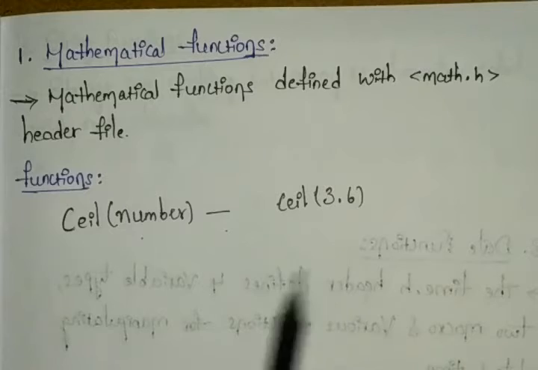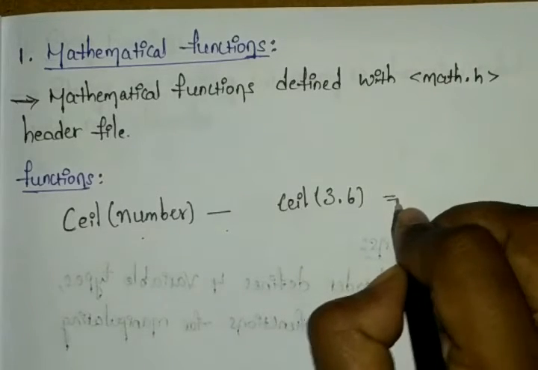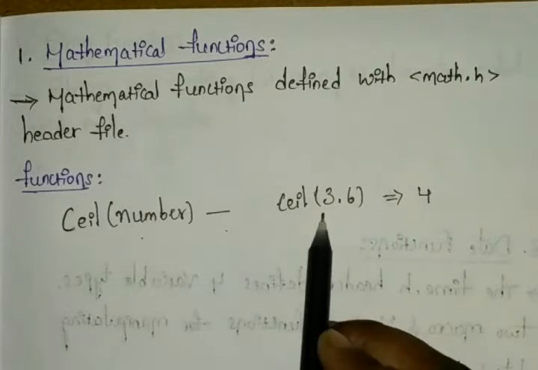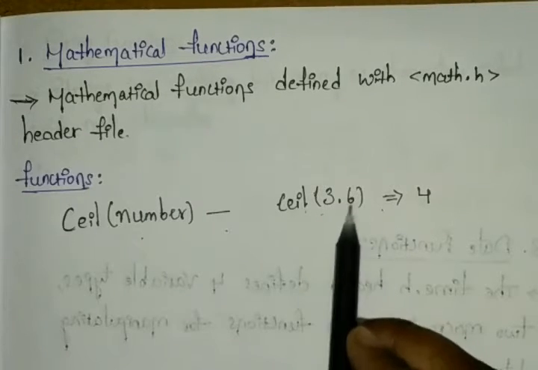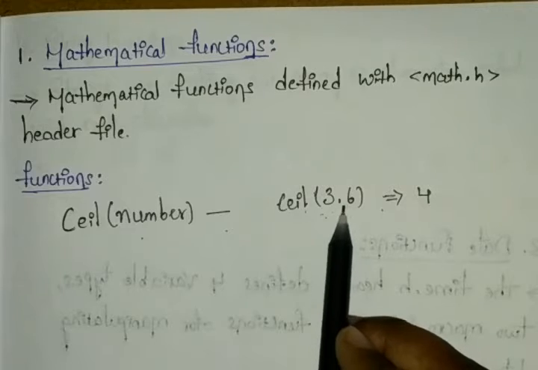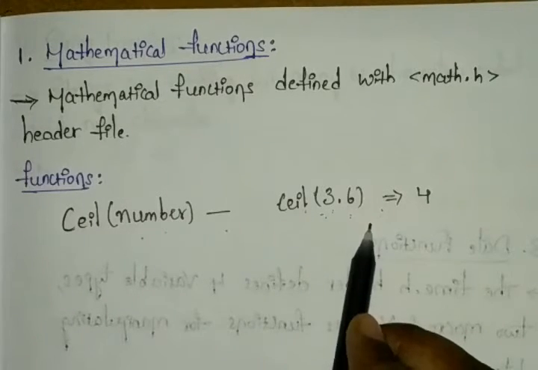So not less. We are taking the greater, which means the output will be 4. Here we will get the output 4. Why? Because it is taking the greater value for 3.6. Right? We have 3.6. After 3, what do we have? 4. Like that it will calculate our value.